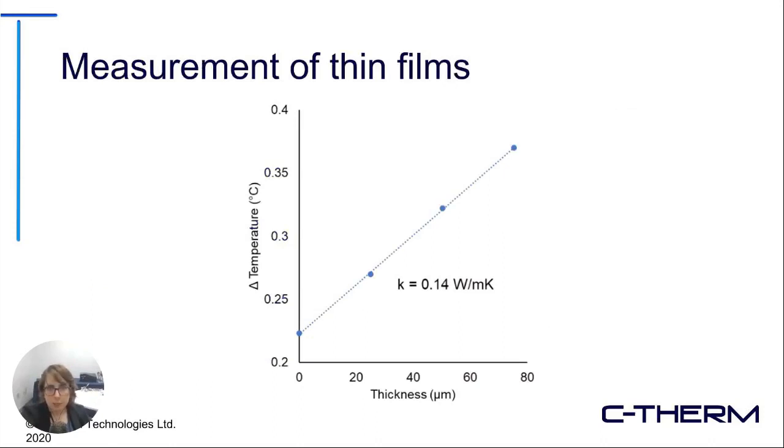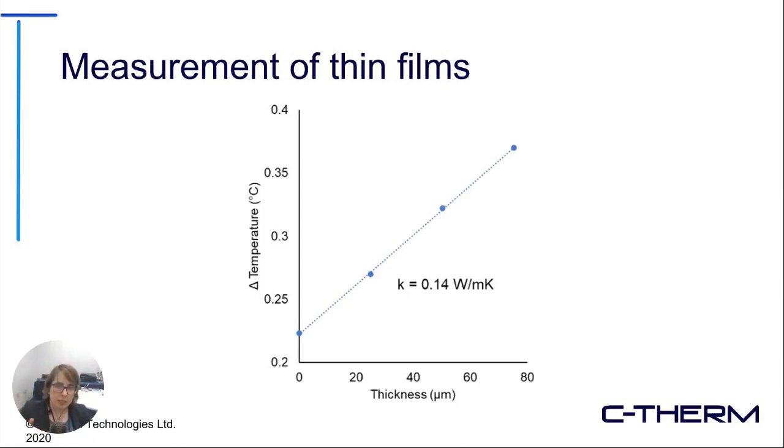This is an example of this kind of test. You take the measurement with no film attached, and then maybe one layer, two layers, or three layers, and the slope of that line would give you the thermal conductivity of the thin film material. Of course, you can also conduct a measurement with only a single thickness.